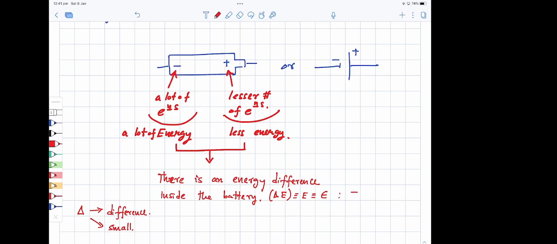This is the energy of a battery, we call it.